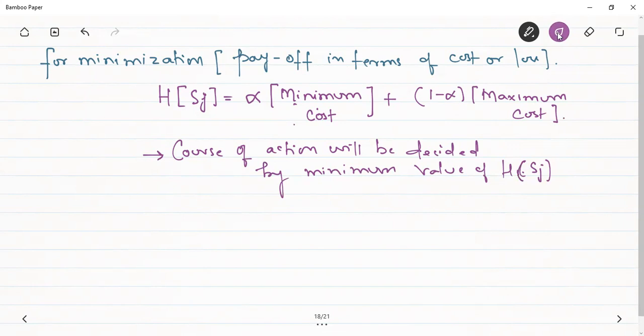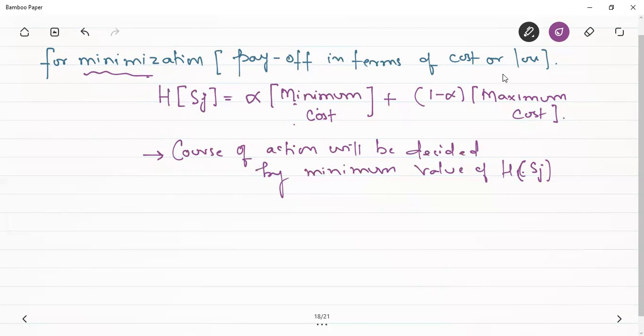Okay, so this is for the minimization problem. We have to be clear, but most of the time the payoff is represented in terms of the profit. Therefore, most of the problems will be maximization problems. But still, I have told you what changes will take place in the determination of the optimum decision if it is a case of minimization.